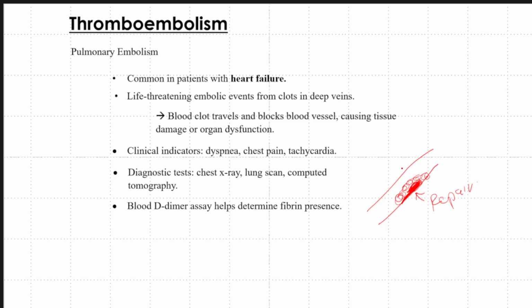Now, over time, as the clot progresses and as the endothelial injury is repaired, there is fragmentation of these mga clots dito, and the fragments that are usually left in the bloodstream is what you call your D-dimer. Yan yung tinatawag nating D-dimer. So D-dimer is an indication that there is clot formation.